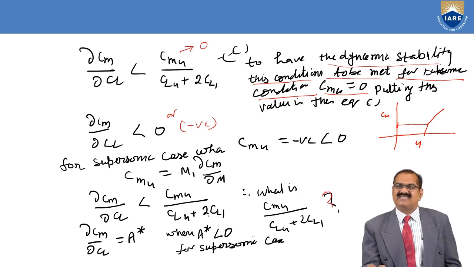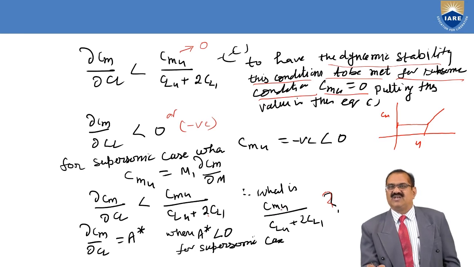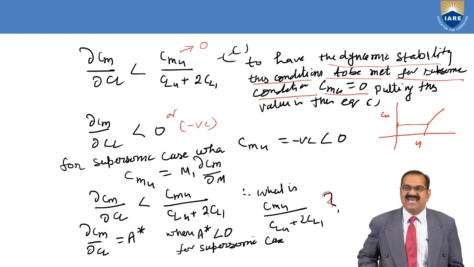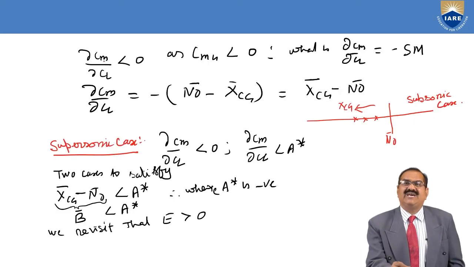So what is CMU here? A very important derivative is CMU. So dCm by dCl, let us assume this is A star, and A star should be less than 0 for the supersonic case. So here dCm by dCl is less than 0 as CMU is less than 0. What is dCm by dCl?